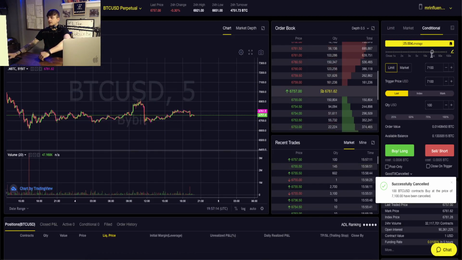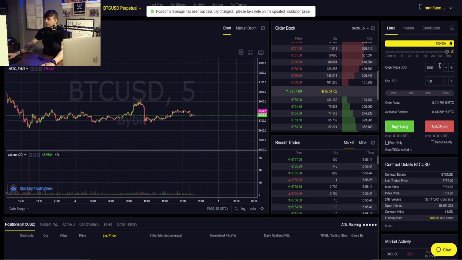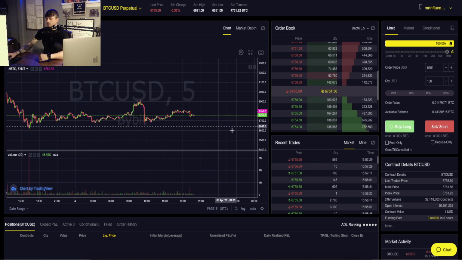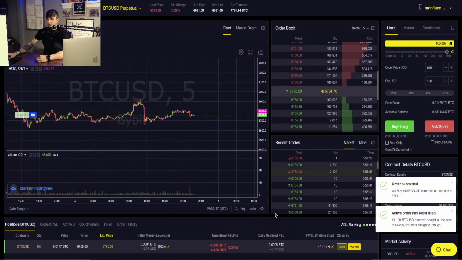Because even with using 100x, let me go back to the thing. Even with 100x leverage, let's say we want to buy long, I'm gonna do 100 USD buy long. Even with 100x leverage, it's better for you to do something like this.